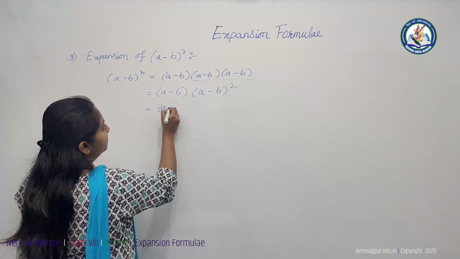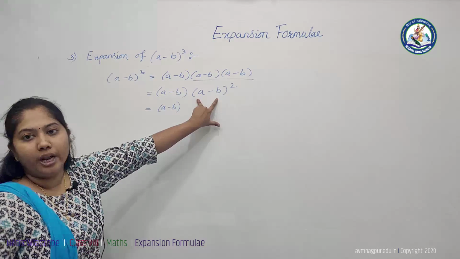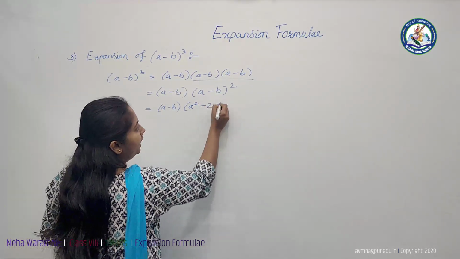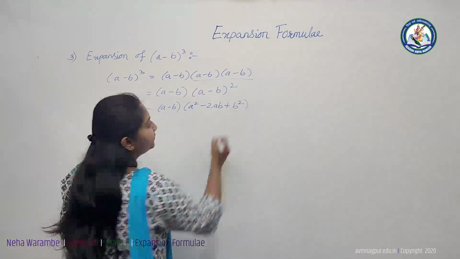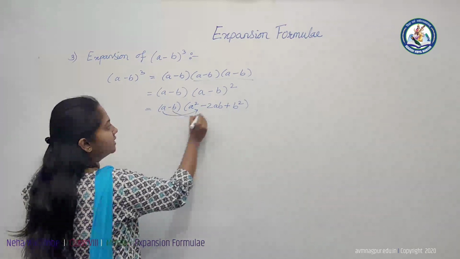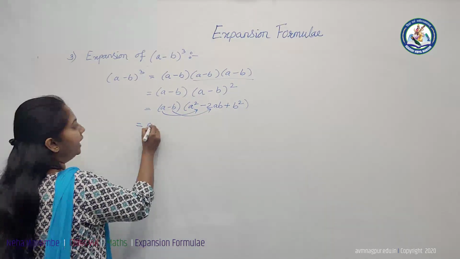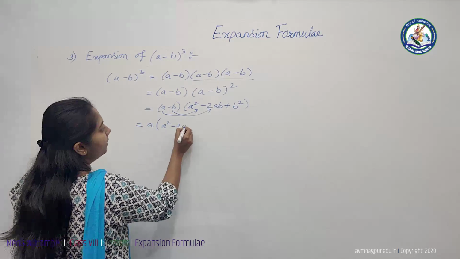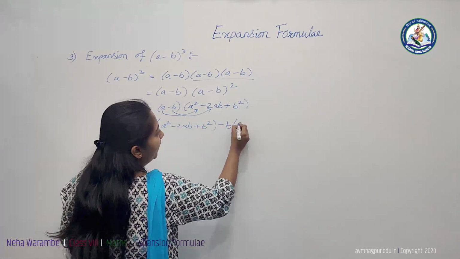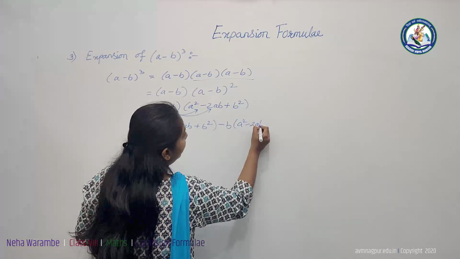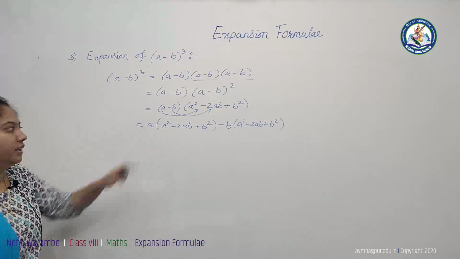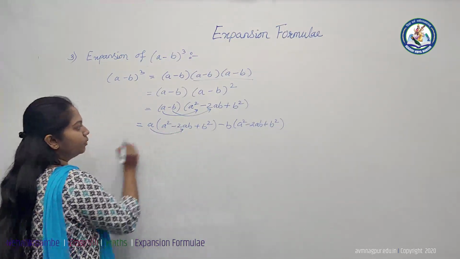We know this formula: (a - b)^2 is a^2 - 2ab + b^2. Now multiply this term into the second bracket and this term into the second bracket. Now a into (a^2 - 2ab + b^2) minus b into (a^2 - 2ab + b^2). The next step is to multiply this term into this.